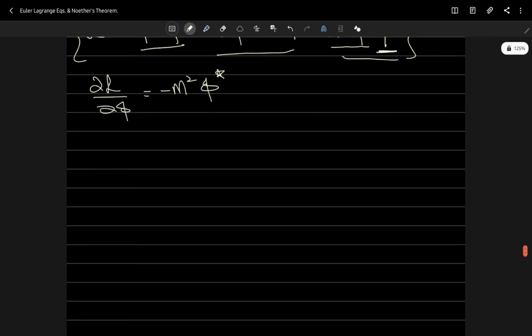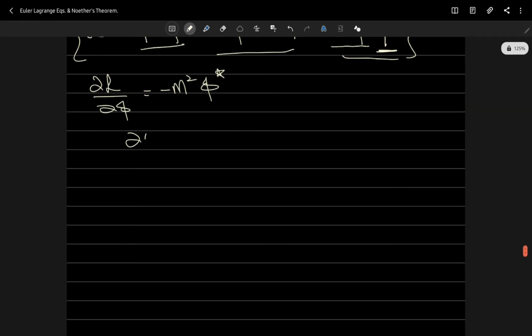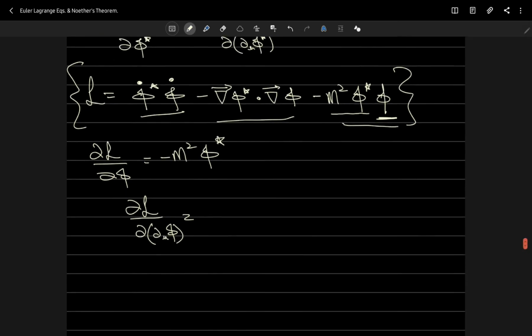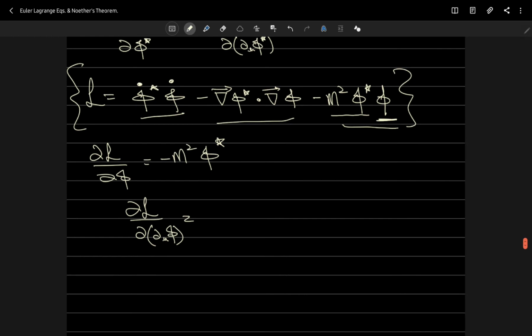Okay, now the next step is to compute partial L over partial of partial mu phi. If you look at this Lagrangian, it would be simply equal to eta mu nu.